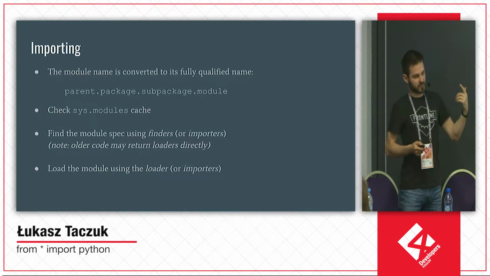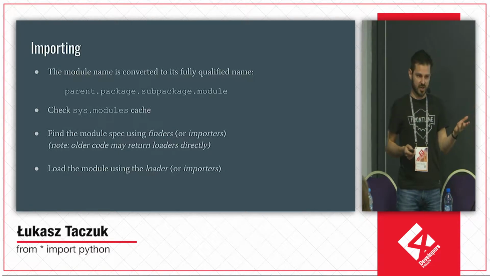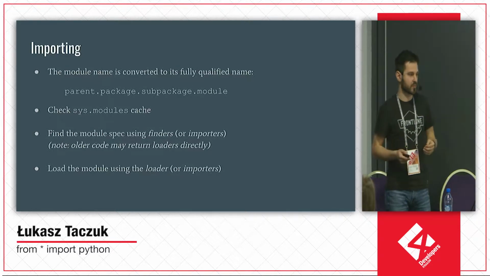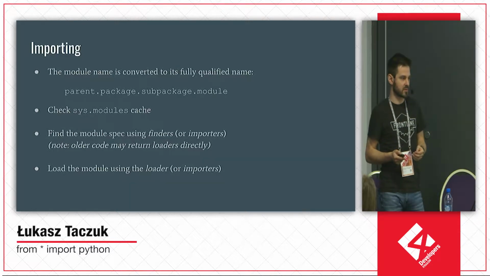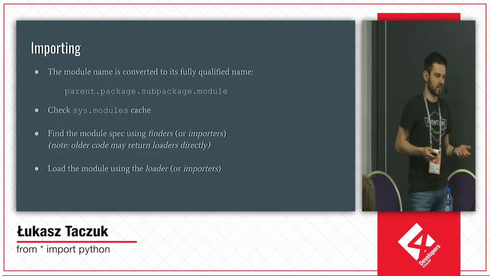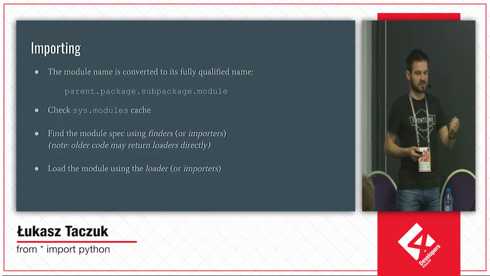So first we get the canonical name, then we check the sys.modules cache, as I said previously. If the module is already there, then we skip the whole process. Otherwise, we try to find the module using all the finders that have been registered prior to running this code.